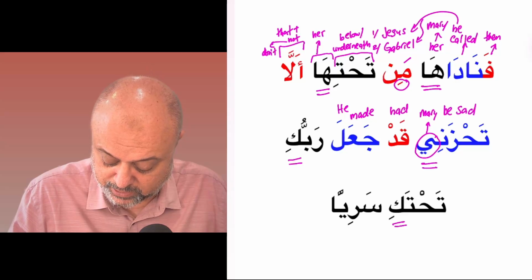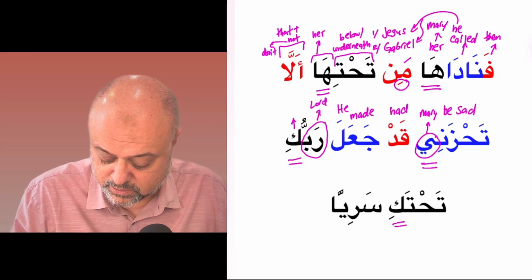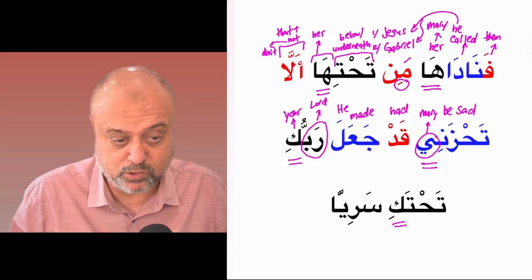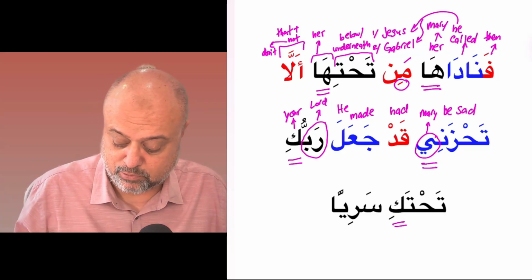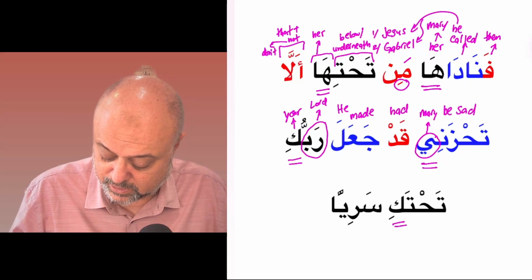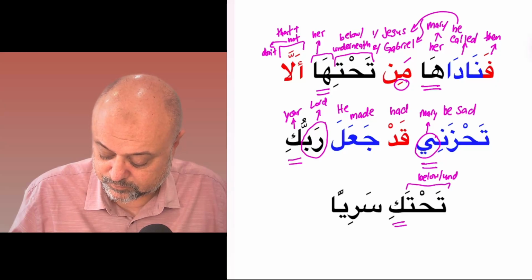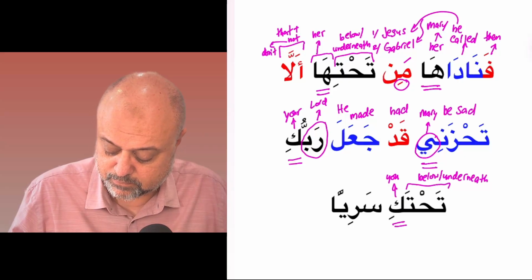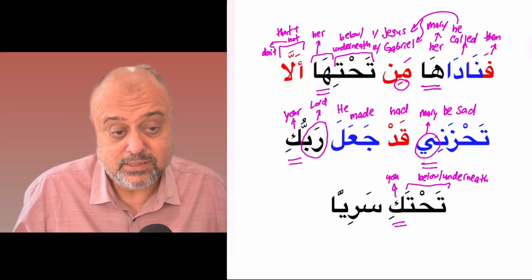So this part right here is Lord, and this part right here is your. So your master or your Lord, meaning Allah, God. Your Lord has made for you, tahta, again, is below or underneath, and this is you. Your Lord has made for you below you, or underneath you, sariyya.